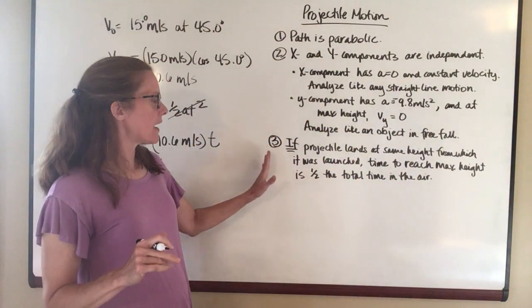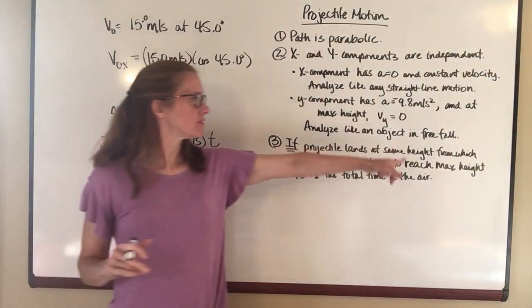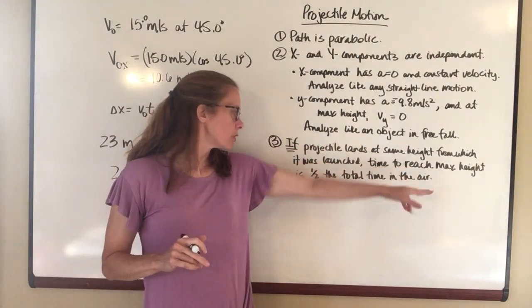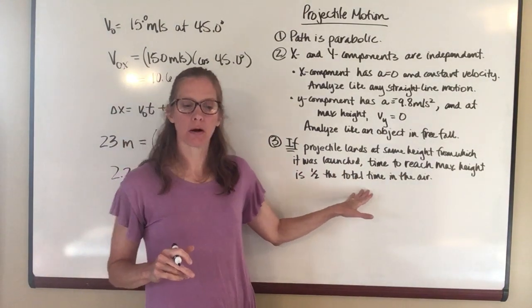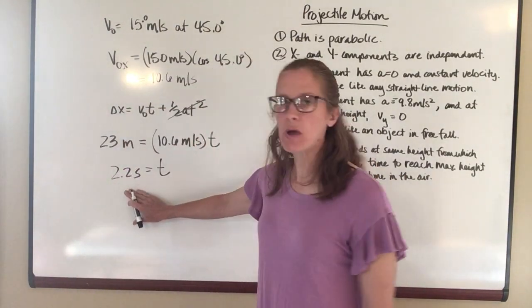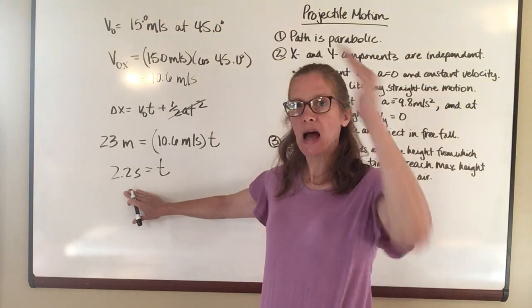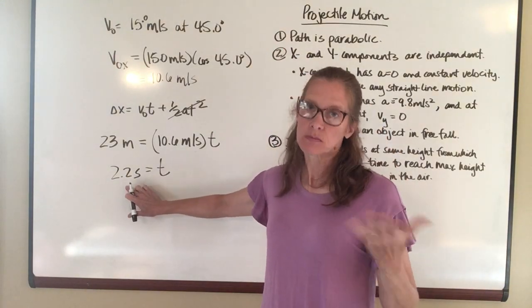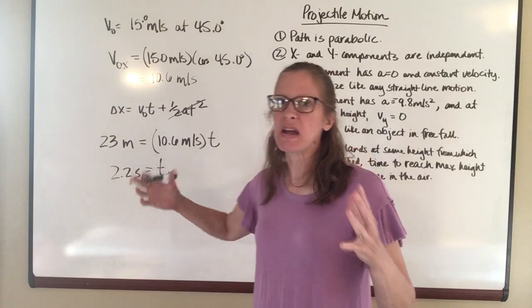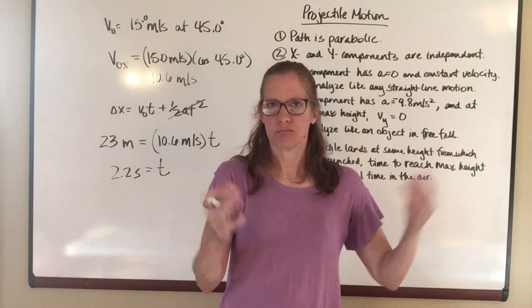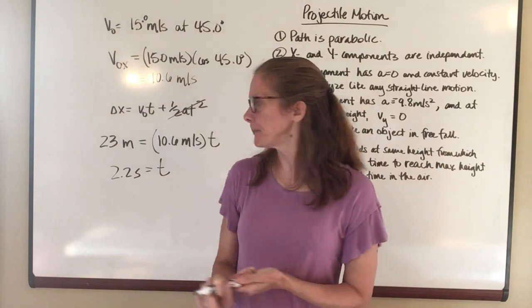Well, we said if the projectile lands at the same height from which it was launched, the time to reach its maximum height is half the total time in the air. Well, if this is the time at which the receiver caught it, then the time that it reached its highest point would have been half of this, or 1.1 seconds. We're going to make the assumption that he caught it at the same height that it was thrown, just so we can actually work that problem, okay?